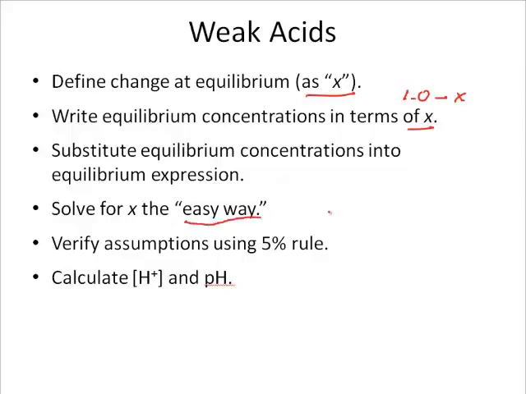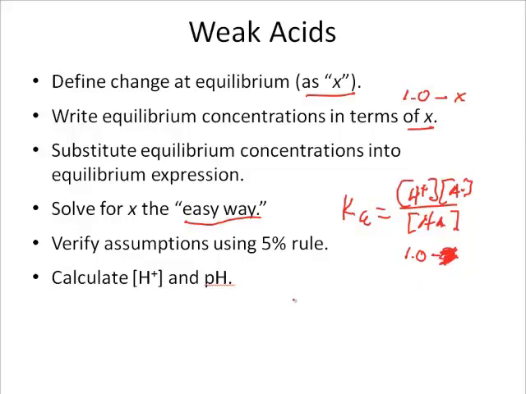Now, what's the easy way? Well, if you remember, let's say, for example, I write out an equation here, and I've got H plus, A minus, and I've got HA, right? Now, on the bottom, it would be something like 1.0 minus x, right? Now, the easy way, if you recall, is us just ignoring that bottom x value, right?